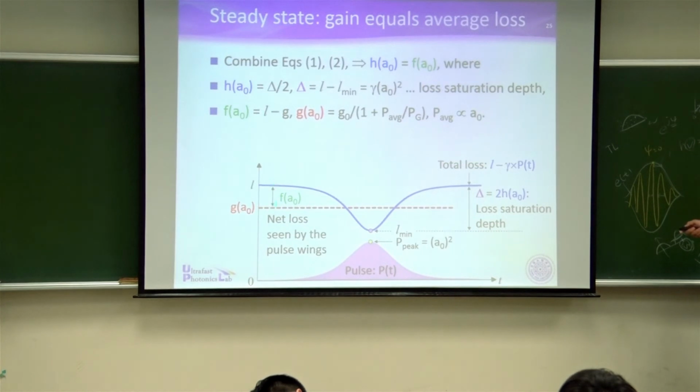And the f function only refers to the net loss seen by the pulse wings. It does not apply for the pulse peak, right? Because for pulse peak, the total loss is no longer L, it's L minima. So f function can be interpreted as net loss seen by the pulse wings.